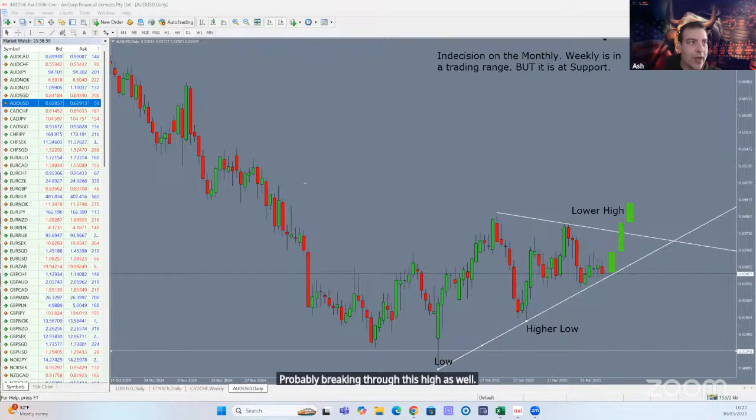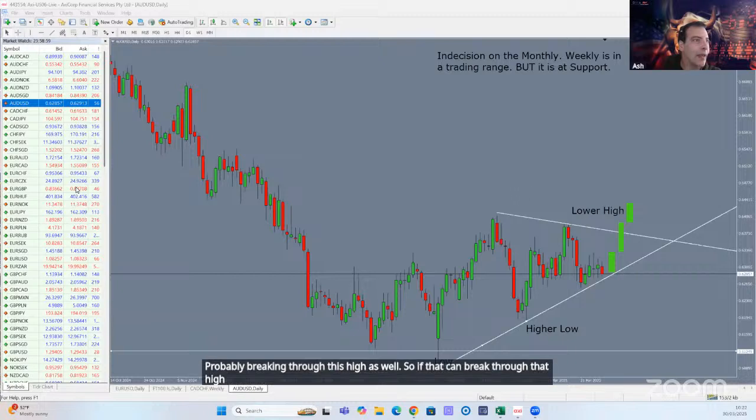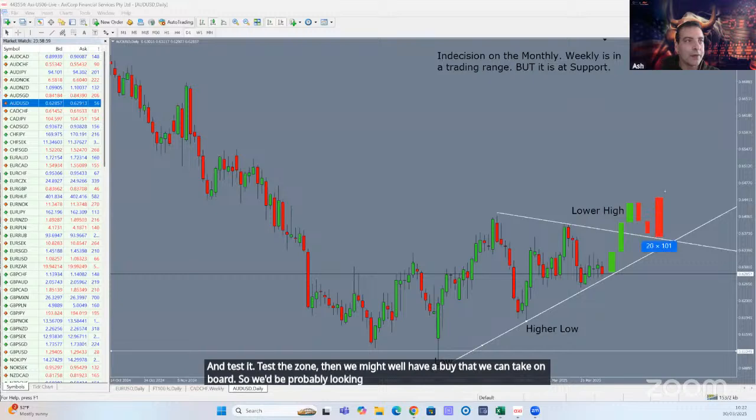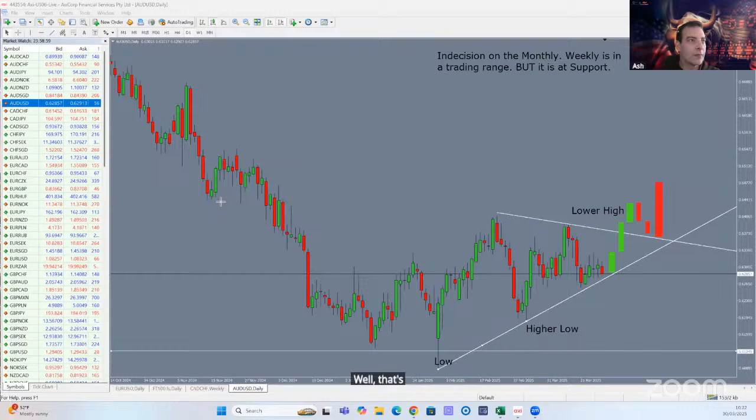So if that can break through that high, then come back and test it, test the zone, then we might well have a buy that we can take on board. So we'd be looking for something like that. And the idea would be to buy this bar.